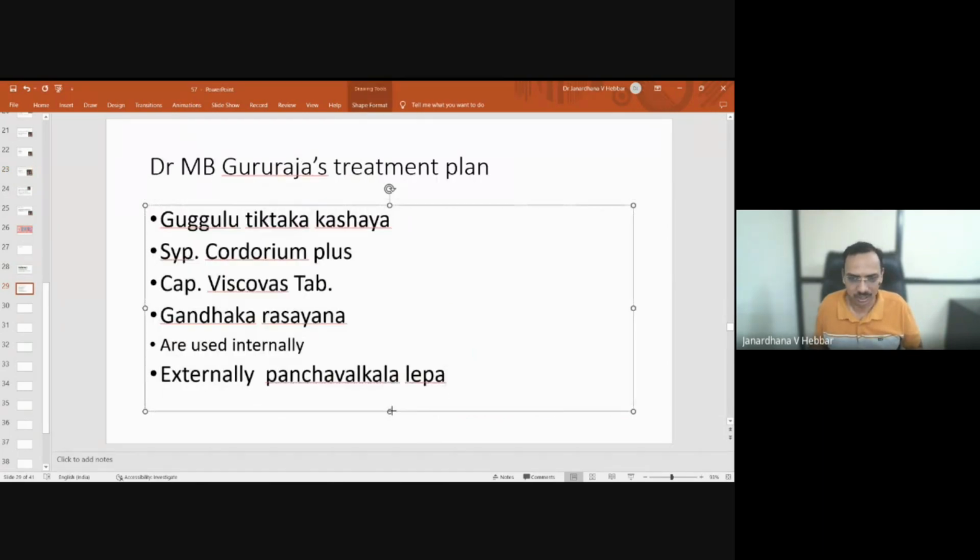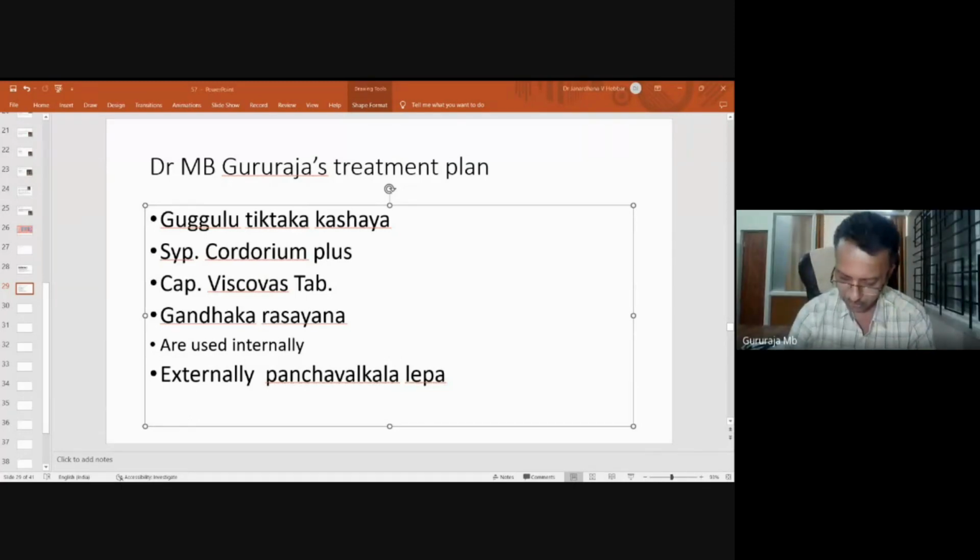What is the logic? It's a very typical combination that our acharyas have made. This Guggulu Kashaya works wonders in many Kafaja Vikaras, many Rakta Vikaras, many Vataja Vikaras. Wherever there is chronicity of Vata disorders, Guggulu is the drug of choice.